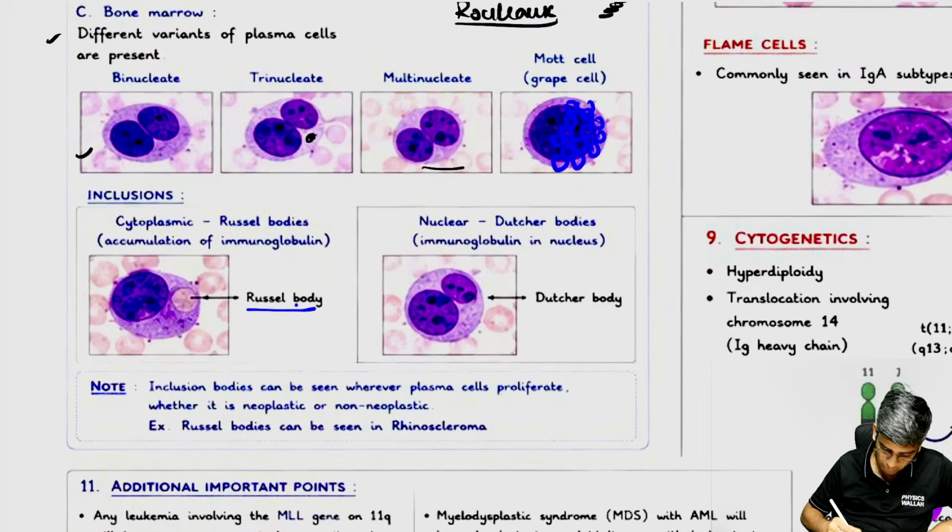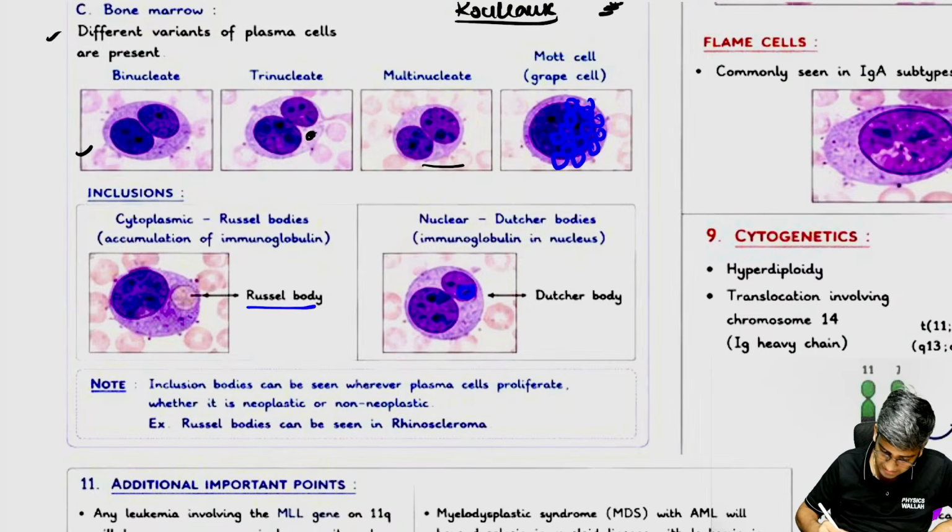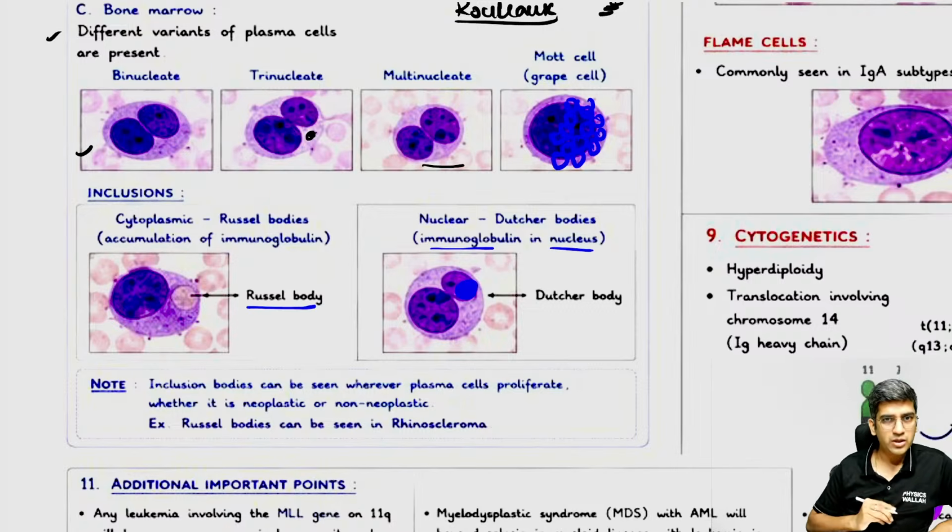You can have a Russell body with an intracytoplasmic inclusion. You can have a Dutcher body with an intranuclear immunoglobulin inclusion. Again, all these are just variations. This variation doesn't matter. Even if I have only normal plasma cells of 61%, it's multiple myeloma. It can be seen, that's all.